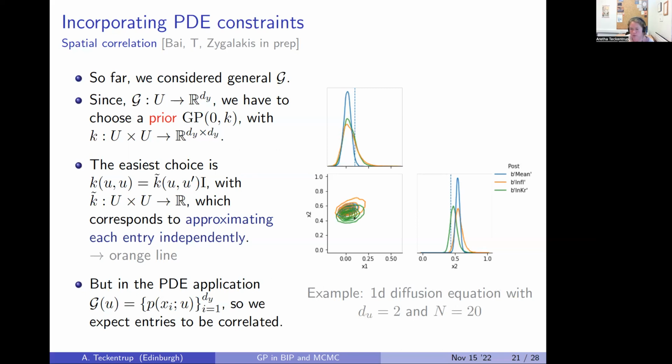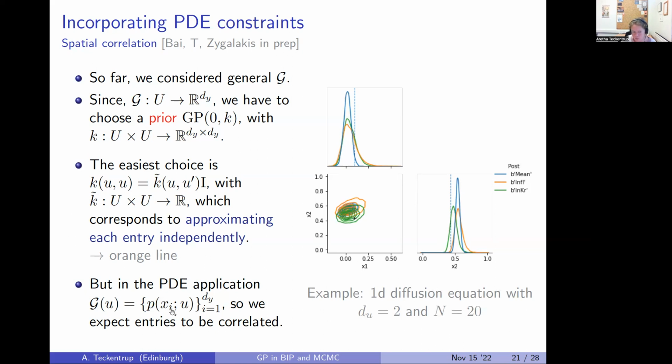You can see that the green line is doing even better in getting to the true value of the parameters, because we have used that we expect the entries of G to be correlated. If you think of the PDE application, the data that we have is just the PDE solution P at different points xi.